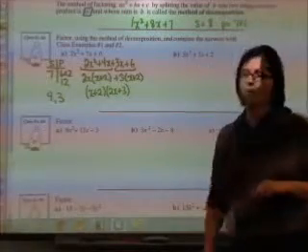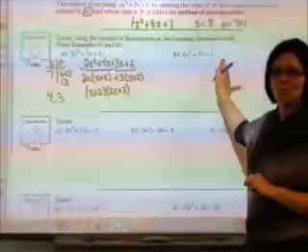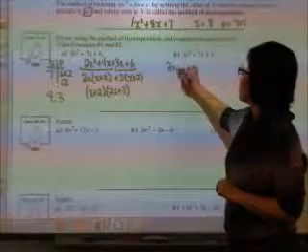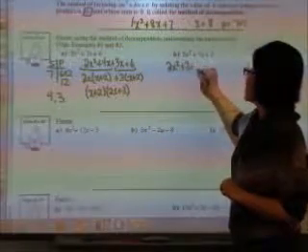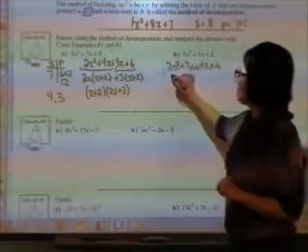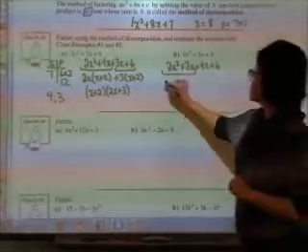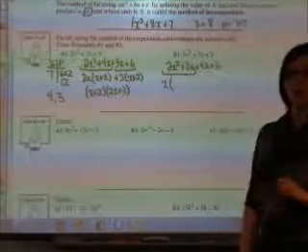Does it matter if I put 4x plus 3x or 3x plus 4x? Well, let's try. You don't have to write this part down, but just watch. If I went 2x squared plus 3x plus 4x plus 6, what do these two have in common? Just x. So what would I be left with if I factored out an x?